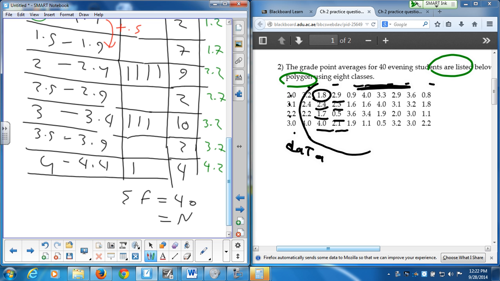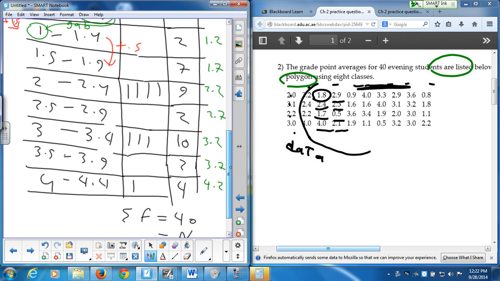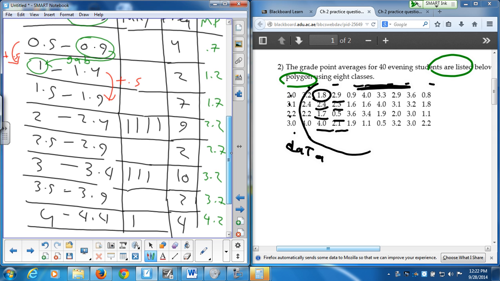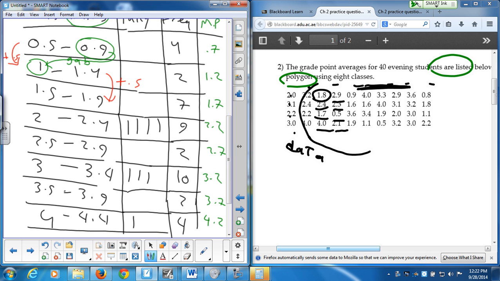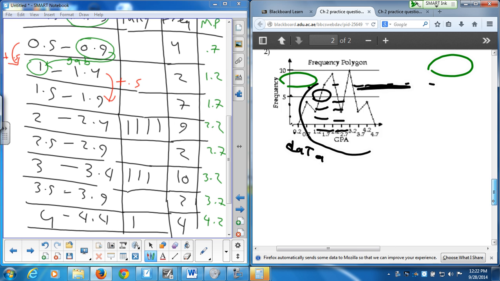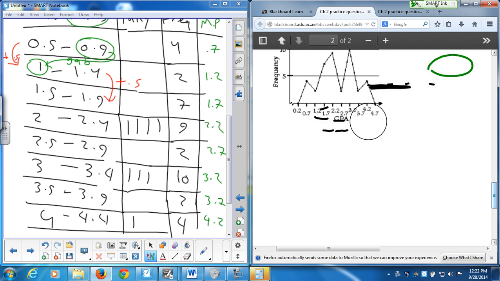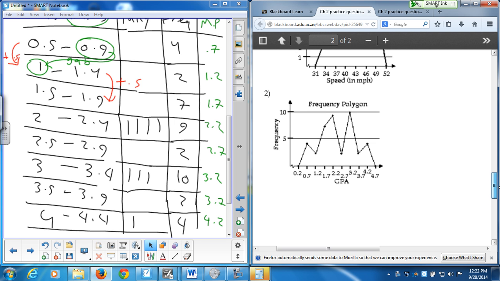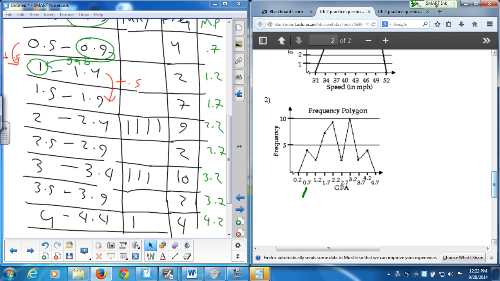So if you graph the midpoint with the frequency, you're going to have a graph like this. The midpoint starts from 0.7, and then 1.2, 1.7, 2.2. This is the midpoint, like what we did before.